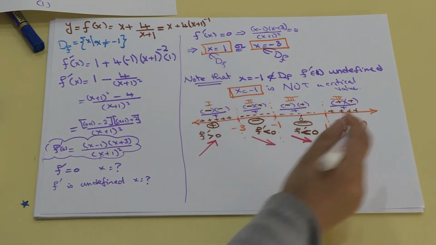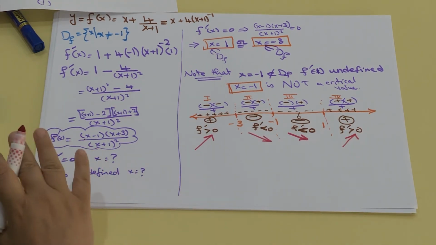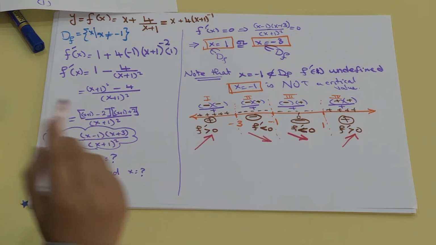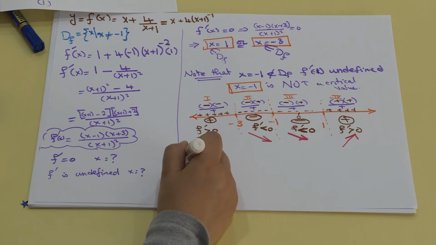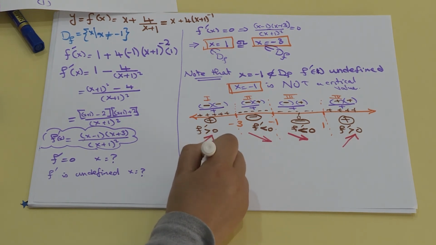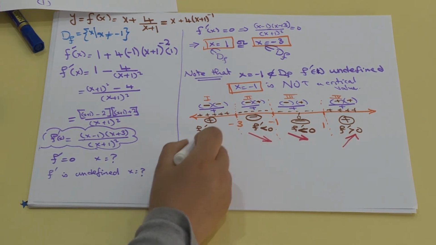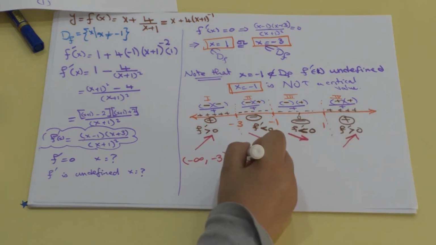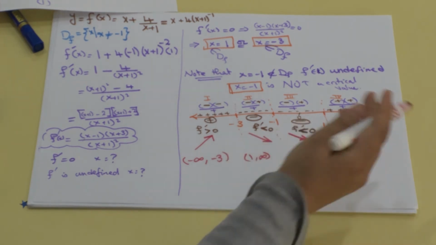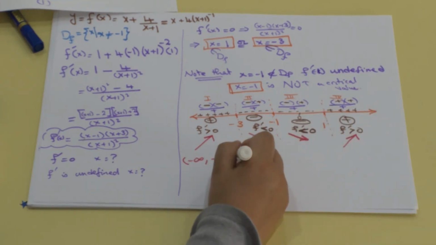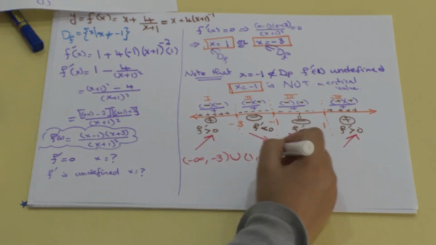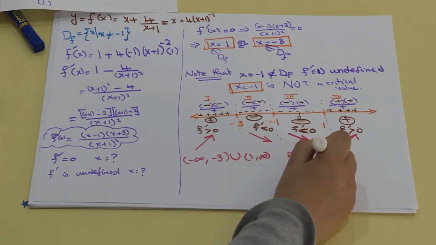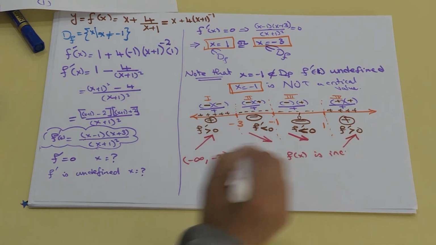Now, we were asked to find the intervals on which the function f is increasing or decreasing. We can see that from -∞ up to -3, the function is increasing. And from 1 to infinity, the function is also increasing. And we put a union. So on this union of two intervals, f of x is increasing.